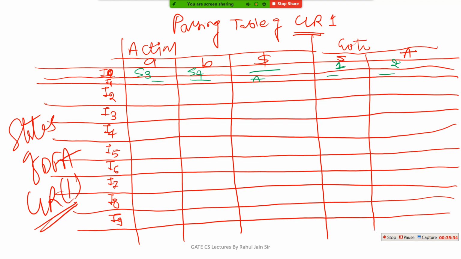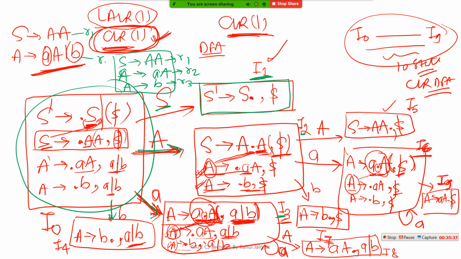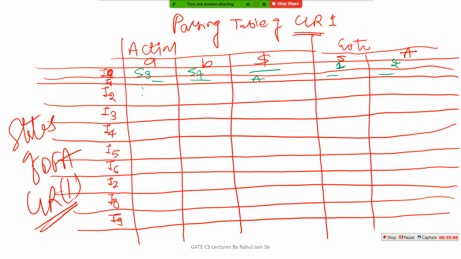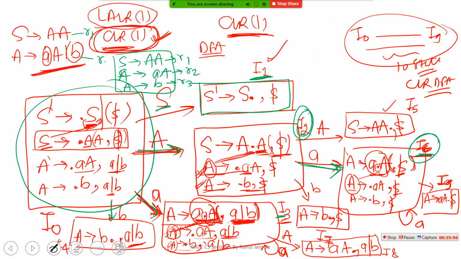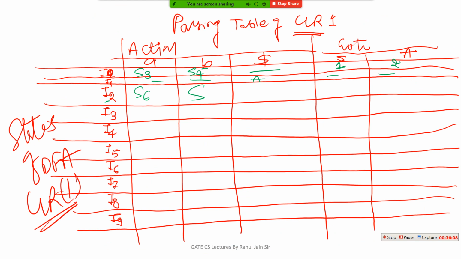Okay guys. Now on I2 state, again focus. On small a, I am shifting to I6, so on I2, on small a, I will write S6 because I am shifting. On I2 to small b, I am shifting to the 7th state, so I will write S7 here.